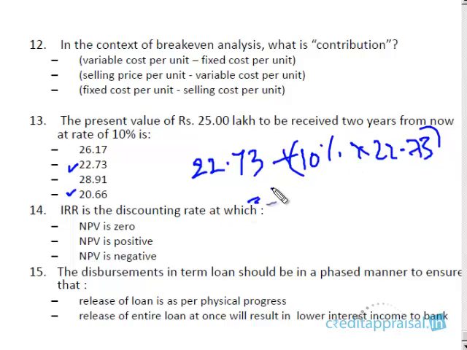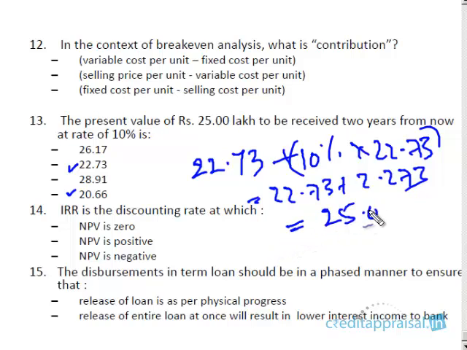After 1 year, we'll have 22.73 plus 2.273. Is this correct? So if you invest 22.73 today at the rate of 10%, after 1 year it is going to grow to 25.